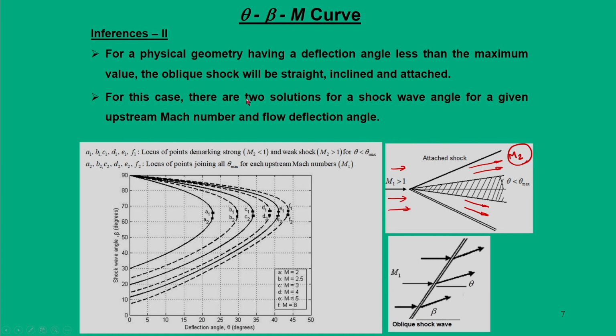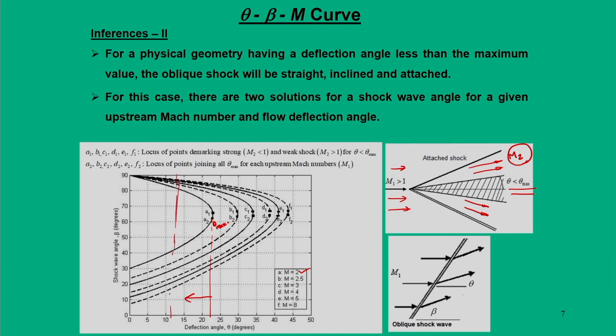And for this case, there are two solutions for the oblique shock wave angle for a given upstream Mach number and flow deflection angle. So, what happens? Let us say that we are looking at Mach 2. The upper limit is theta max, and we are looking for a solution with theta less than theta max. So, basically we are in this dome and at this Mach number.